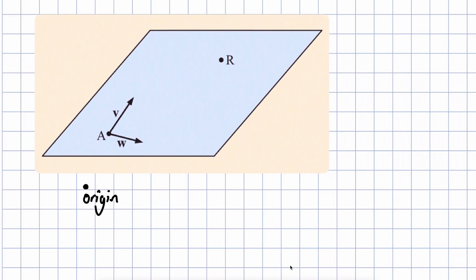Okay, so we can have a vector O, or origin, to A, and we'll often use A as our symbol for that because the capital A, remember, is representing a point, and now we have a vector going from the origin to A. And we could also think about the origin all the way over here to the point R, which we'll call that vector.